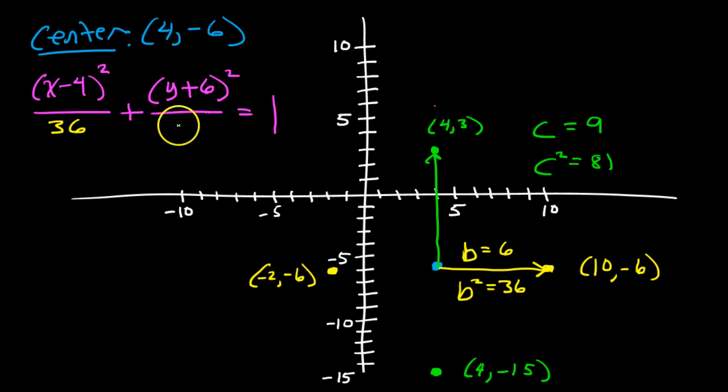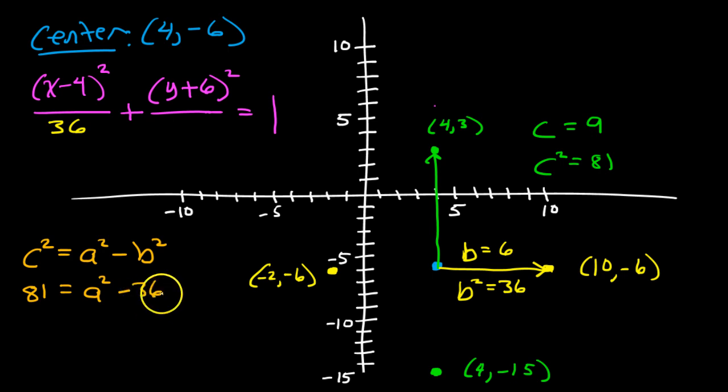What we need is a squared. For an ellipse, the relationship is c squared is equal to a squared minus b squared. For a hyperbola, this is plus, but for an ellipse, it's minus. But we know that c squared is 81. We're looking for a squared. We know that b squared is 36, so minus 36.